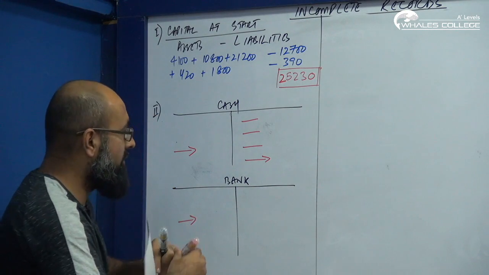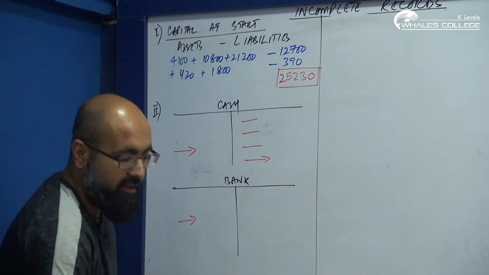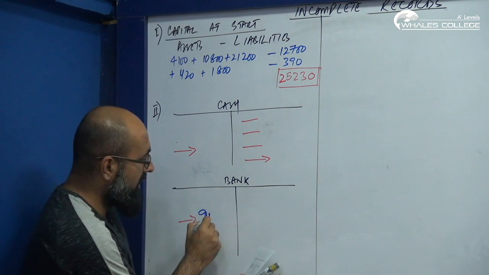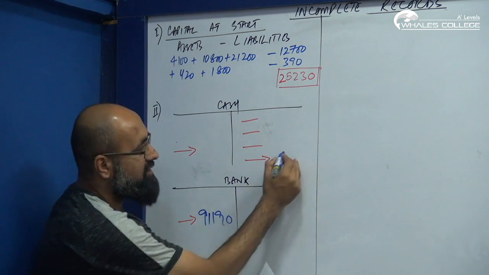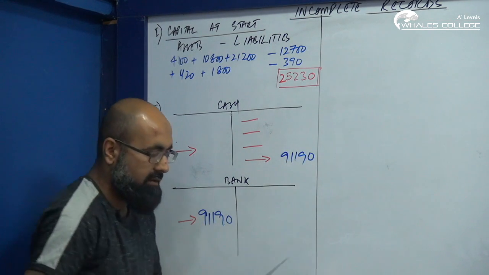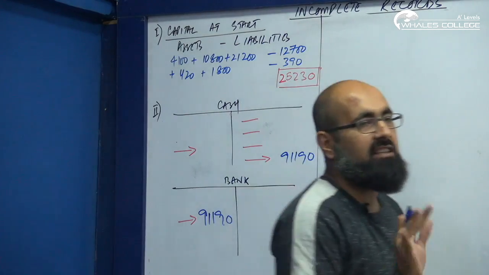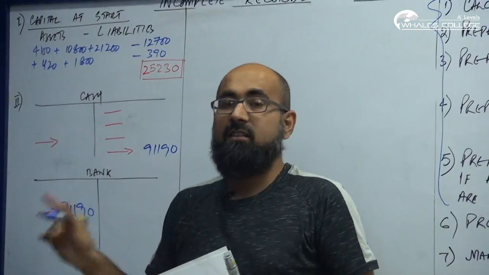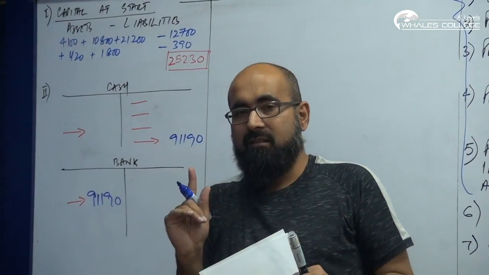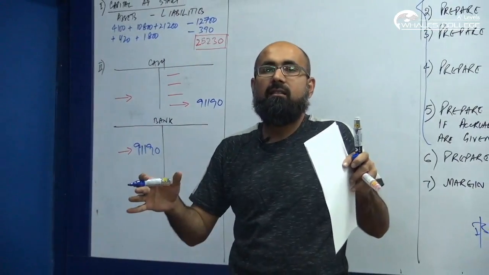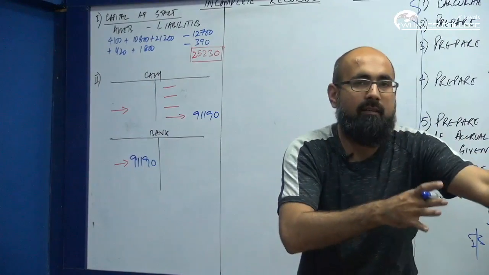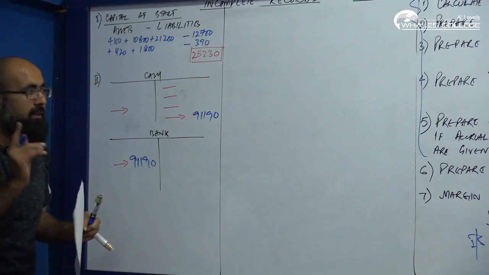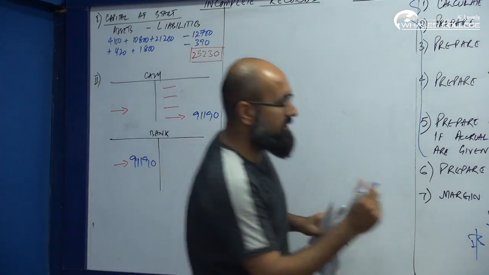So the amount deposited into the bank, already in the question, 91190, is the amount which is transferred from the bank. It means collection is not made directly in the bank. Whatever collections are, they are not directly deposited into the bank. They are collected in cash.